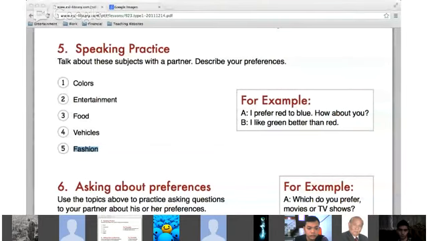Our last person was Hatjul that read, I believe. So let's go to Ermilo. Ermilo, let's talk about vehicles. Which do you prefer, Ermilo? A car or truck? I prefer a truck.